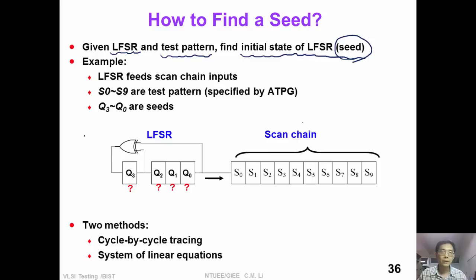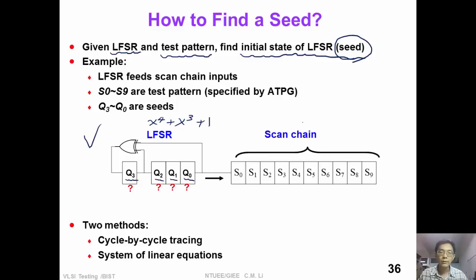Let's say, for example, we have a 4-degree LFSR with the polynomial x to the power 4 plus x cubed plus 1. The initial states of the LFSR are Q3, Q2, Q1, and Q0 from left to right.